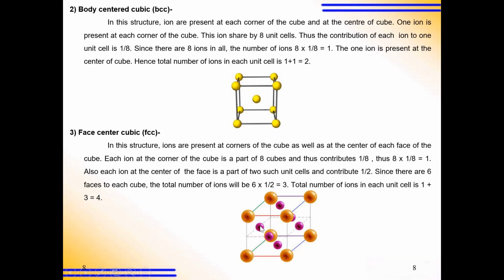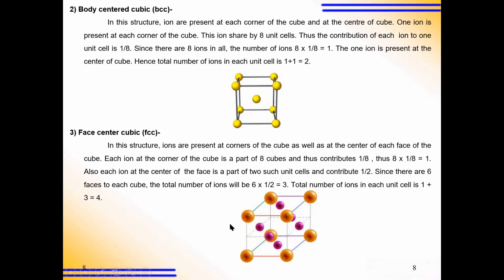So this ion which is present at the face of the cubic system, it is sharing two faces, म्हणजे इकडची एक फेस आणि हा एक, वरची एक फेस आणि हा एक. So it is divided by 2. So the total number of ions present on the faces of the face centered cubic system is 6, and each ion is shared by 2 unit cells, so therefore it is divided by 2.